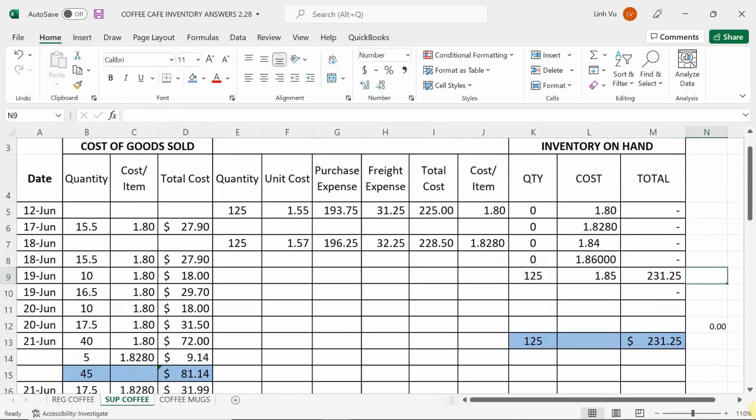here. I'm going to make a note here that it's $231.25. And let's see. 125 minus 69 pounds should give me a remainder of 56 pounds, giving me a grand total of $103.60.